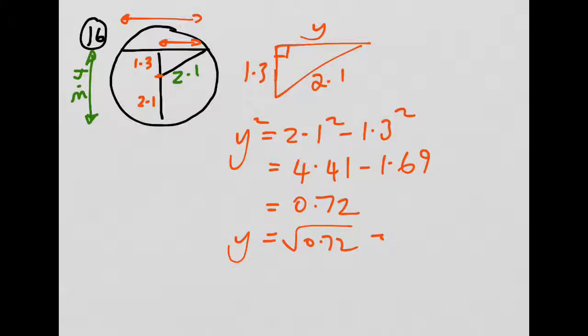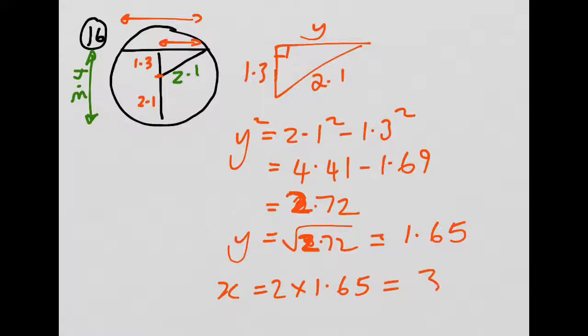Sorry, 4.41 take away 1.69 is 2.72, my mistake. 2.72, and then doing the square root of that would give us an answer of 1.65. X is double the distance all the way across it, so x is 2 times 1.65, which comes out to be 0.3 metres.